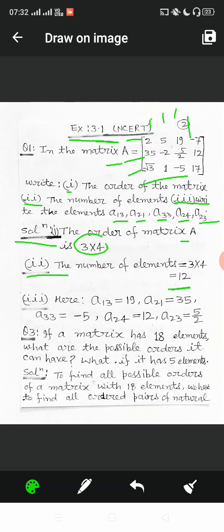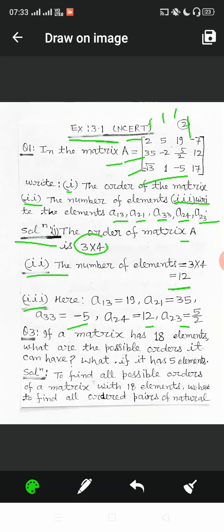Here a13 equal to 19, meaning the element at the first row and third column, that is 19. a21, the element at the second row and first column, is equal to 35. Similarly, a33 equal to minus 5, a24 is equal to 12, a23 is equal to 5 by 2.